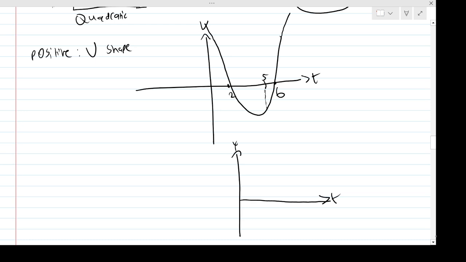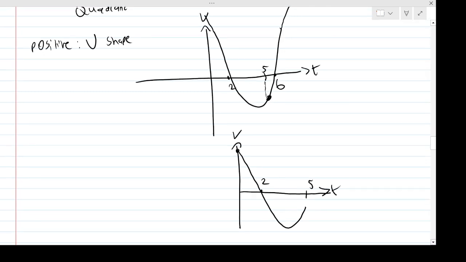So it starts at 0, it's going to be up here somewhere on the v-axis, and then it's going to come down. It's going to come down at 2, like this, and then at 5, it's just going to be somewhere there. Because we know it hits the axis at 6, right? But if I want to end it at 5 here, it's going to be somewhere down here. That's where the curve will be.